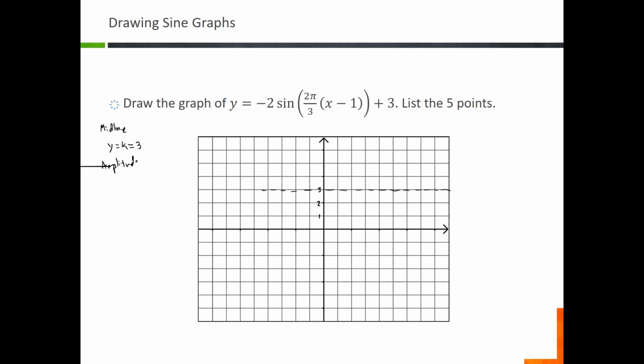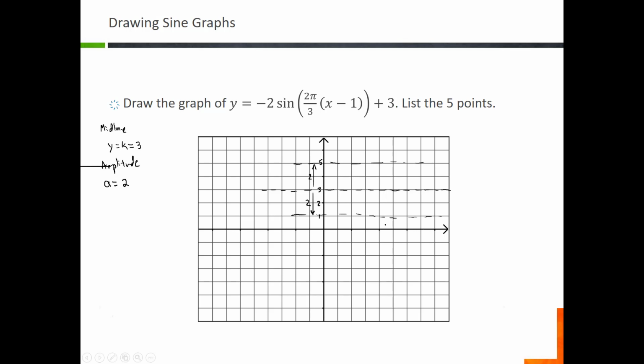So the amplitude is the a value. We're just going to ignore the negative for the moment. We're just going to say a equals 2. So from the midline, I'm going to go 2 units up, and 2 units down. So the top of the box is up here at 5, and the bottom is down at 1.